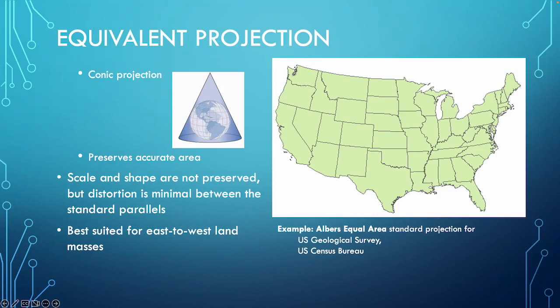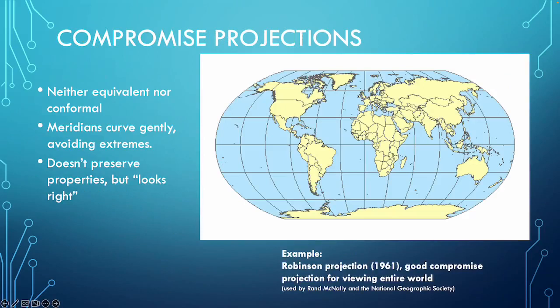So an equivalent projection preserves area, and that's a key point. Conformal projection preserves direction. Equivalent preserves area. And then there are compromise projections. These are not equivalent nor conformal. There is distortion in essentially every dimension.